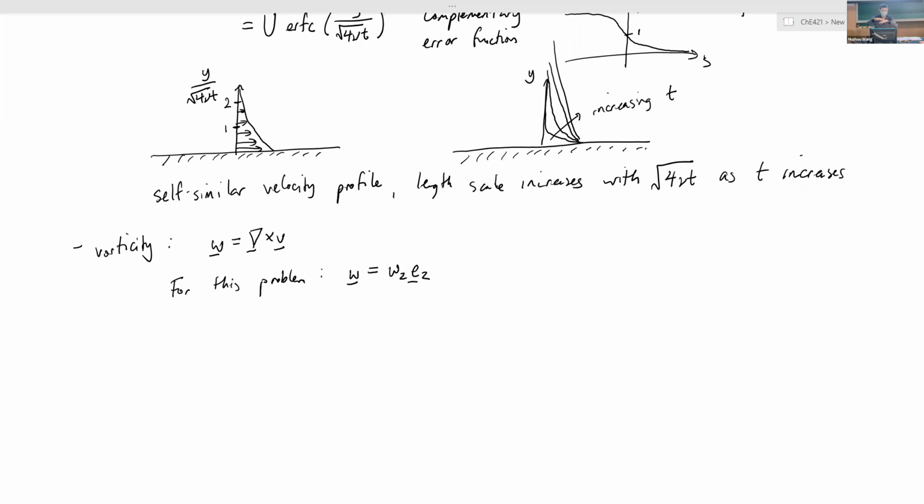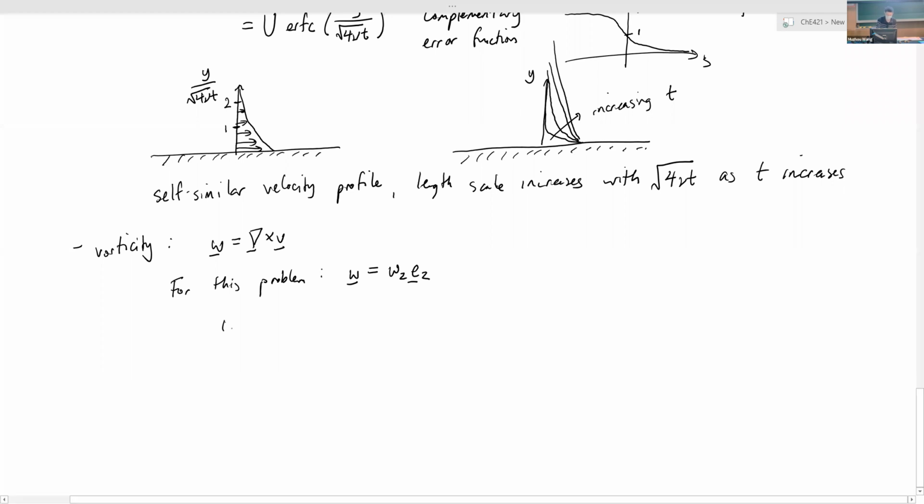By the right-hand rule, the vorticity is then going to be normal to that, since the axis of rotation is always going to be perpendicular to it.